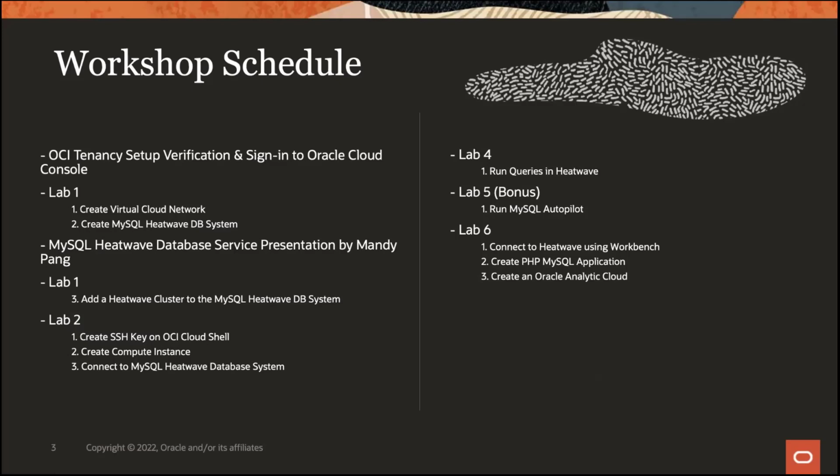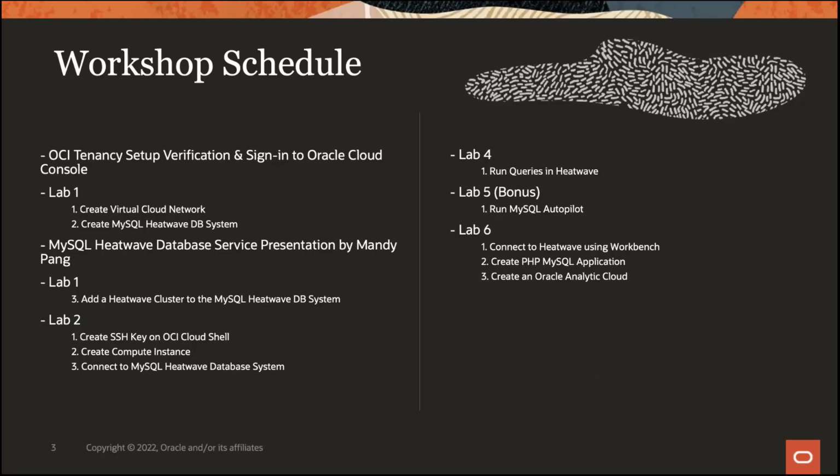In order to use HeatWave and the other compute that we are going to use during the labs, we have to start with the virtual cloud networking. And then we are going to create the MySQL HeatWave database system. During the time that we are waiting, Mandy Pang will do a presentation about HeatWave, and we'll continue with the labs.